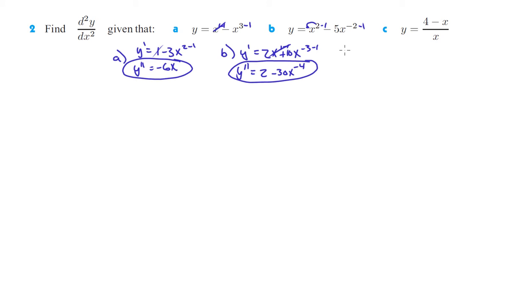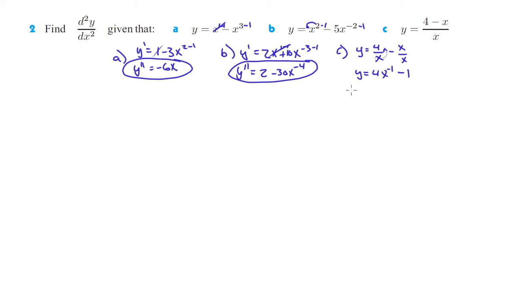Okay, and then C, we've got to write this as 4 over x minus x over x. Right, and then we've got to rewrite this. So that's 4x to the negative first, just moving that back up, and then x over x is just 1, right? So that's still just the original function, just simplified so that we can take the derivative, right?